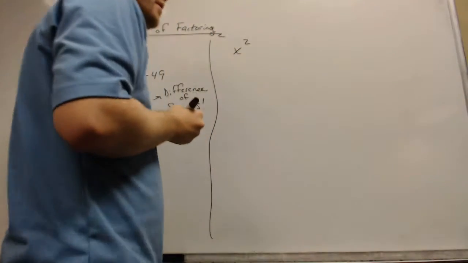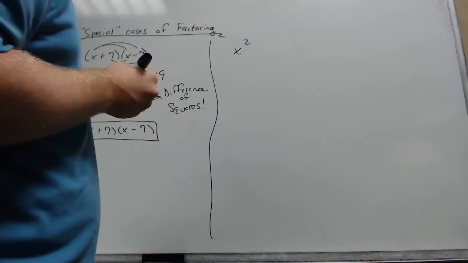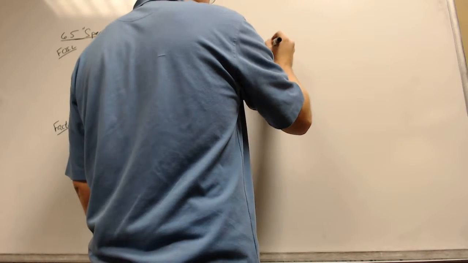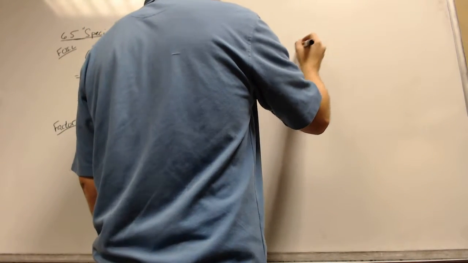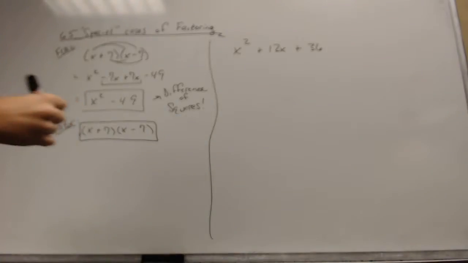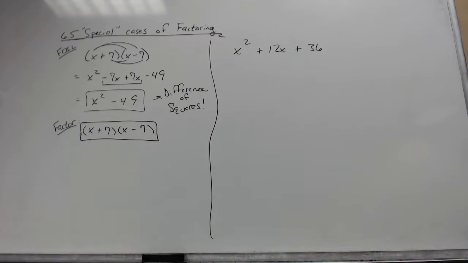X squared. Let's see. Also 12x plus 36. If I gave you this problem in section 6.3, right, you would have no problem factoring it. And here, I don't want you to think of it as anything special either.